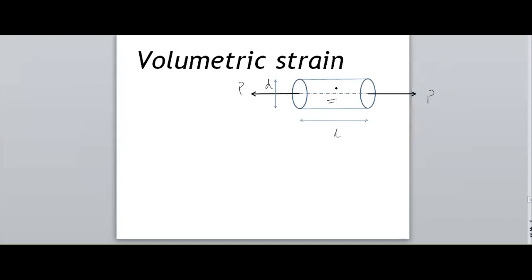I need to find the volumetric strain due to this uniaxial, one-dimensional load applied on the component.